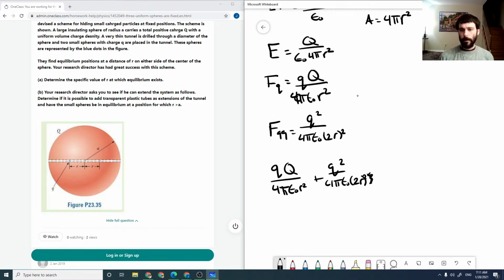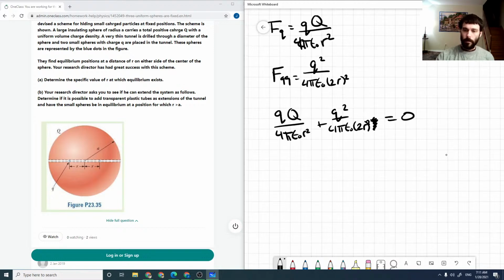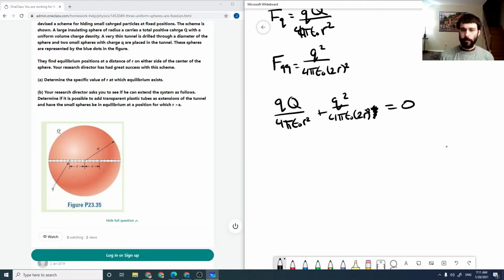To r squared is equal to 0. That will allow us to solve for the equilibrium.